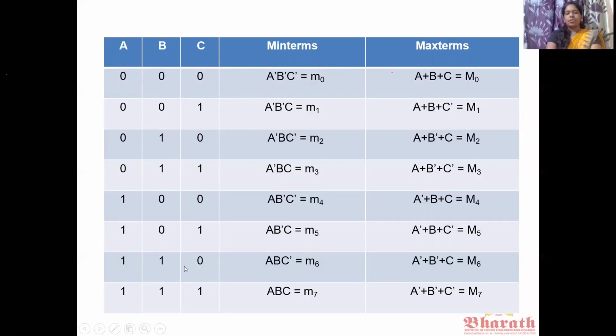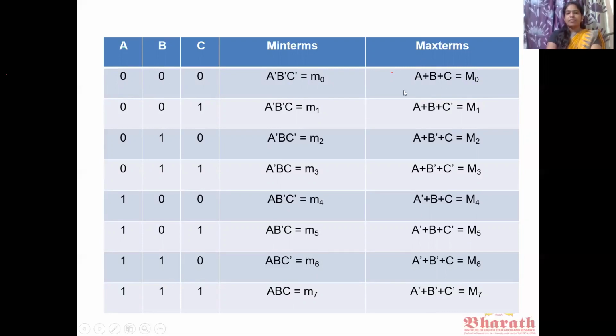Likewise, we have to put for the min-terms. So 1, 1, 0 means A, B, C complement. Then you have to represent it using the min-term representation, small m. This is the value of 0, this is the value of 1. 110 is binary, 110 means decimal 6. So m6.